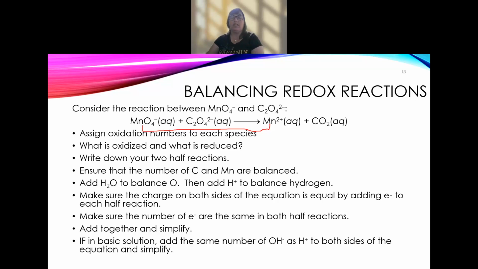Our second half reaction is the C2O42- going to CO2. Okay, so those are my two half reactions. I would then write those as two separate equations, and I'll show you that right here.